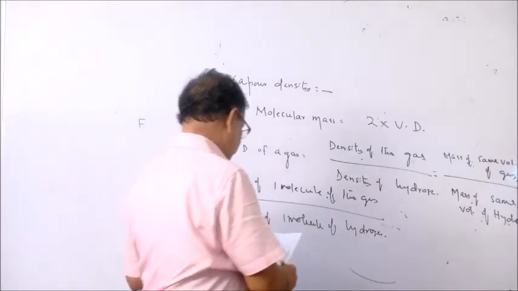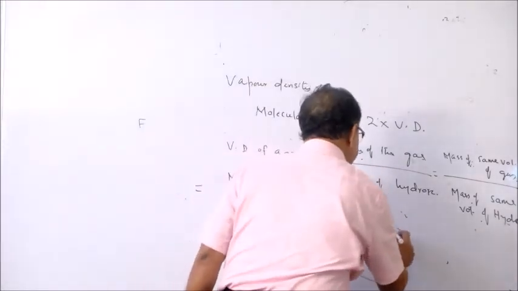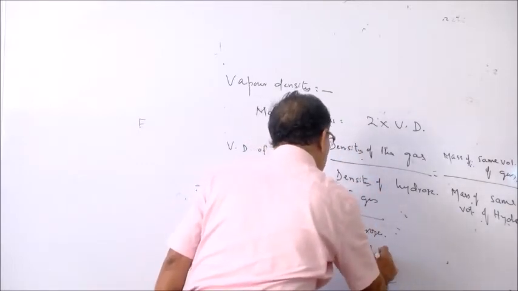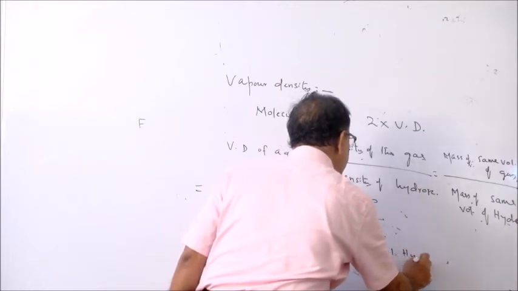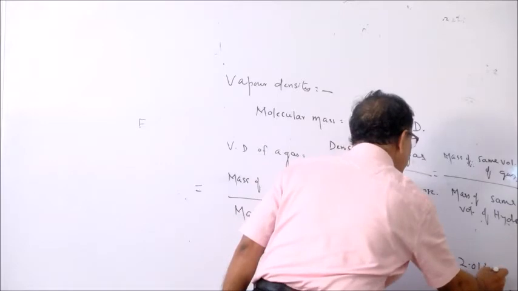The mass of 1 molecule of hydrogen is 2.016, approximately 2.